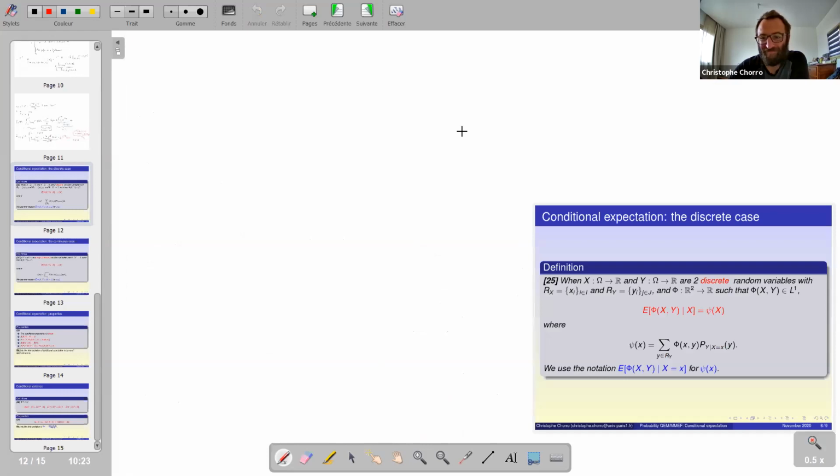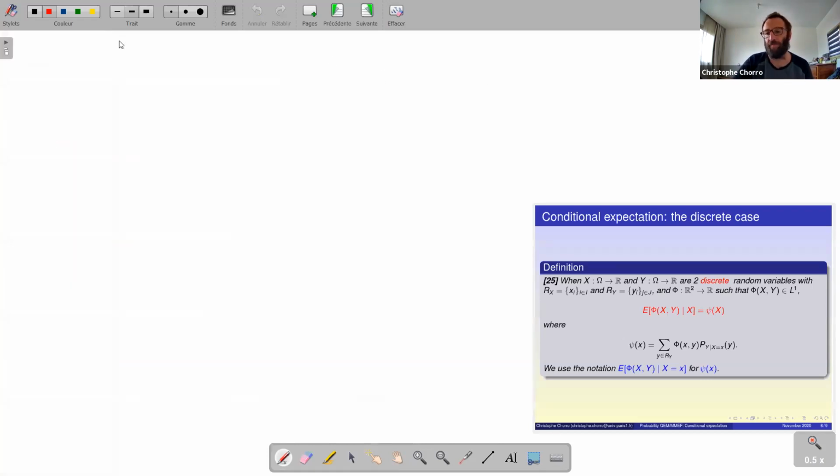Okay. So let's see the definition of the conditional expectation in the case where I have two discrete random variables. So I am in the discrete case here.